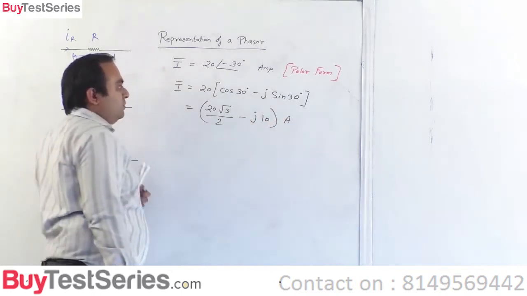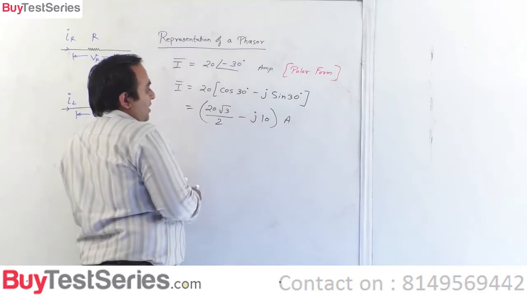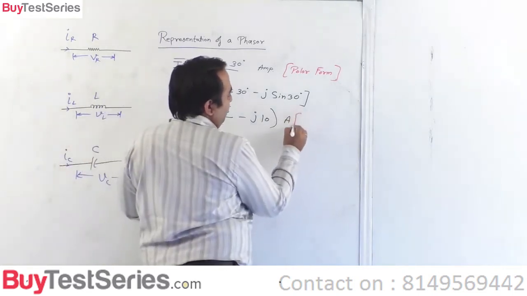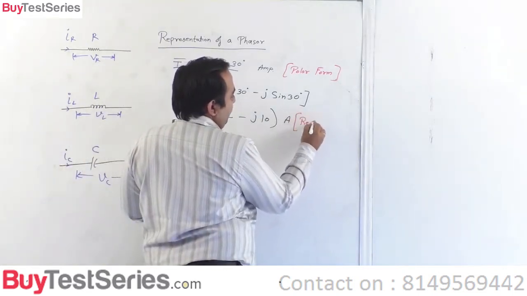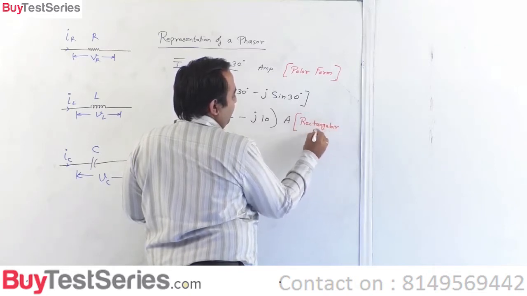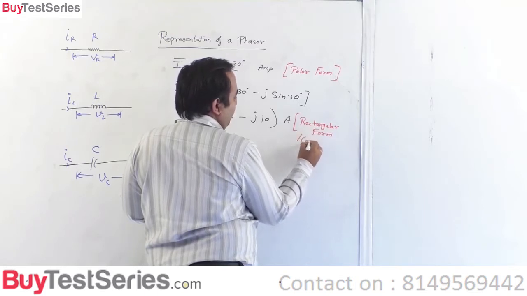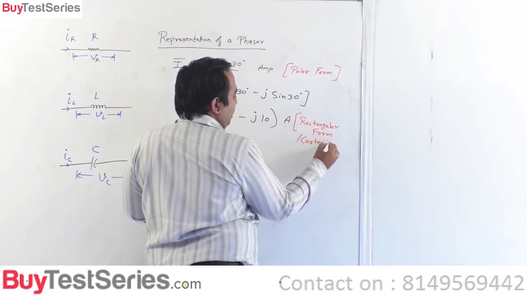Sin 30 is 1 by 2, so it becomes this much. Hence we call it the rectangular form or Cartesian form, as you want to call it, Cartesian representation.